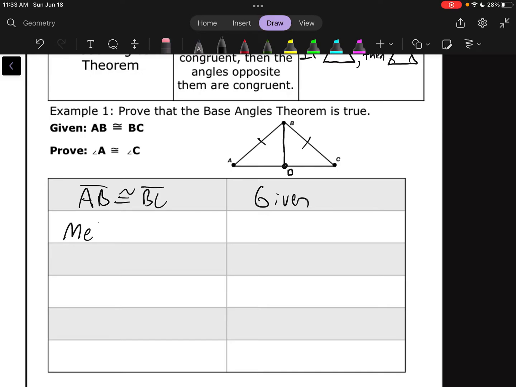So our next step, we're going to draw in median BD. We can do that using constructions, so our reason over there is going to be a construction.